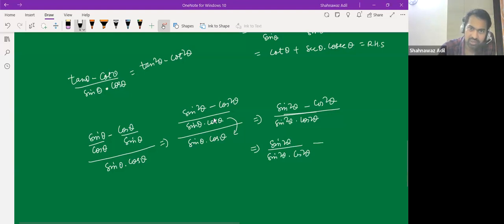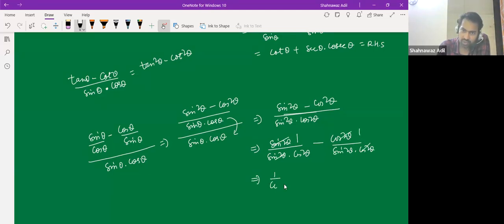Right, so this is Shaima's doubt. So we are clearing that doubt first, right? So this is sine squared theta into cos square theta. So we can see that this is getting cancelled. This is getting cancelled. So we have 1 by cos square theta minus 1 by sine square theta.